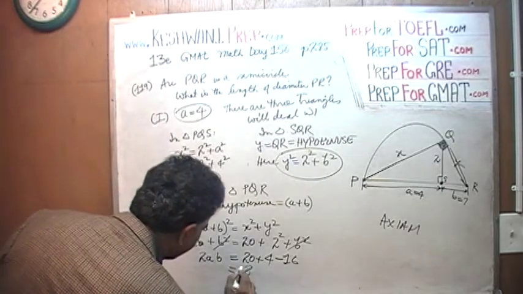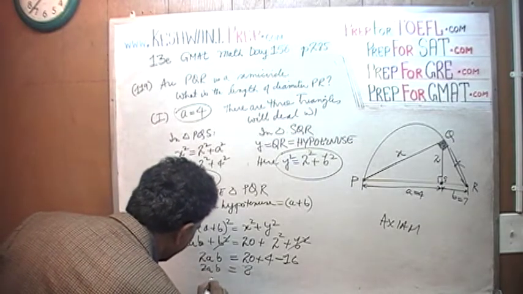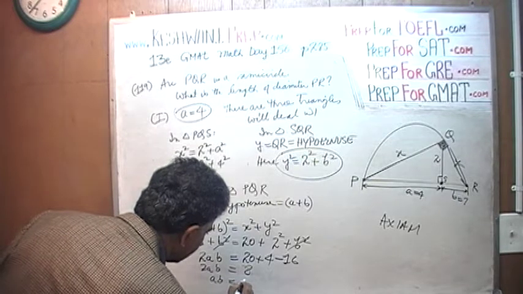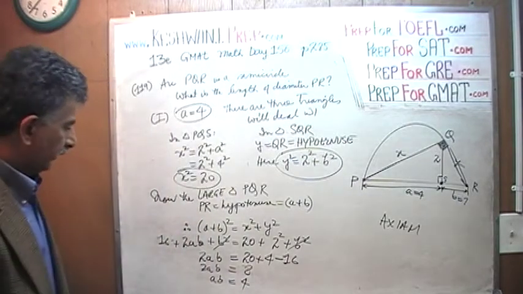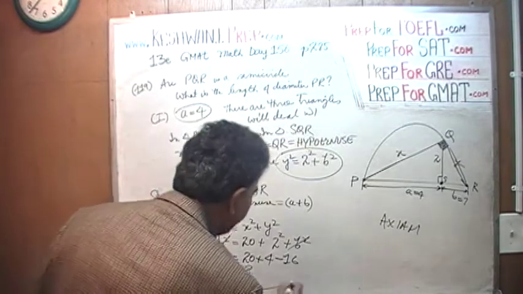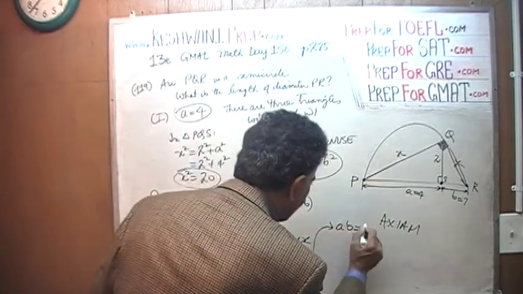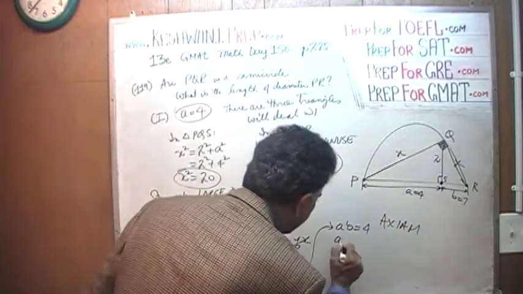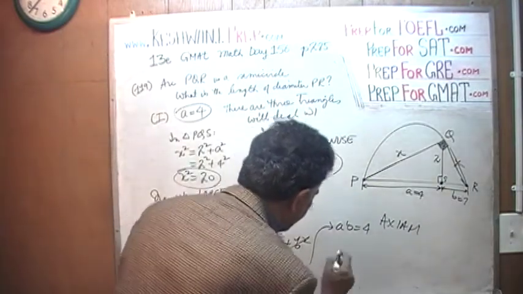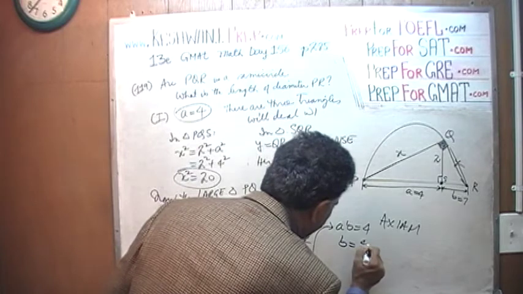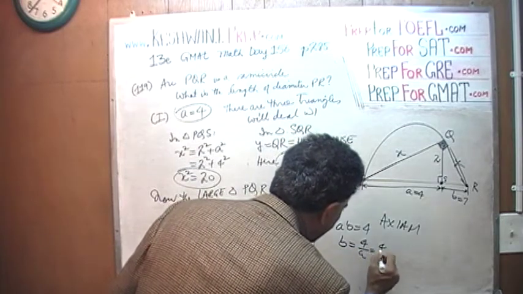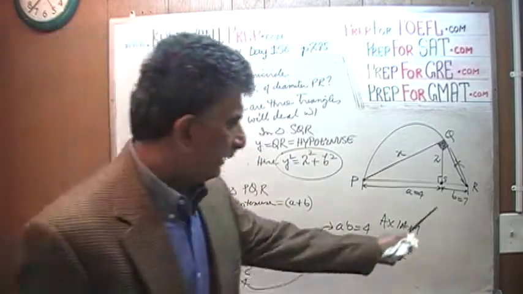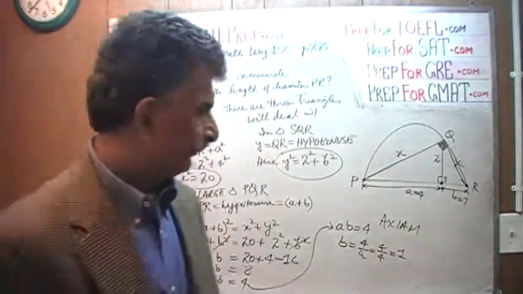So 2AB equals 8 and AB equals 4. And A, we are told, is 4, therefore B equals 4 over 4, which is just 1. Voila, that's it. B is 1.